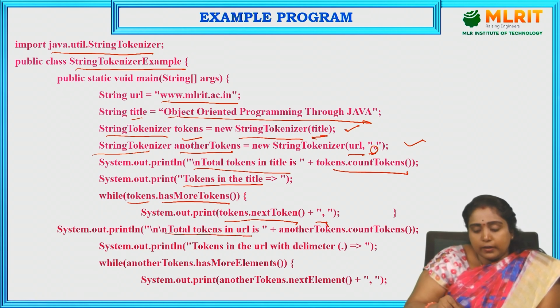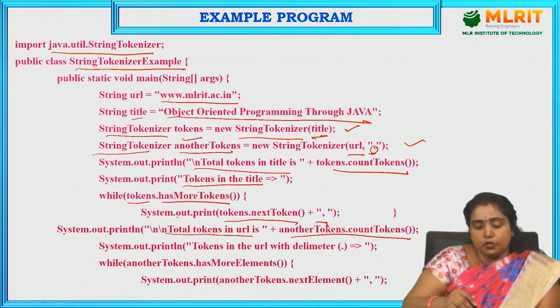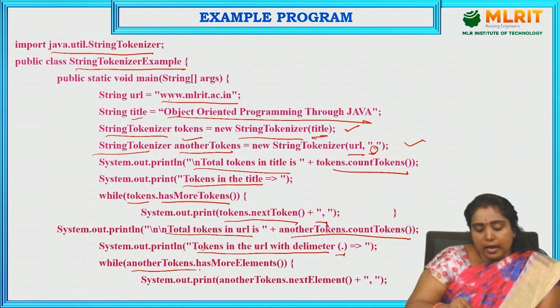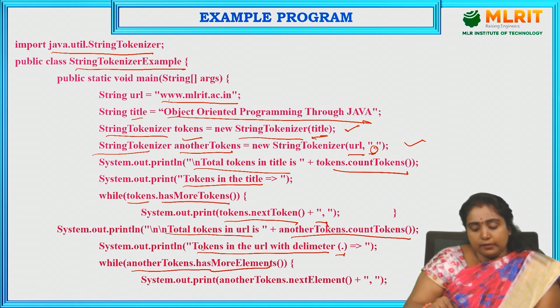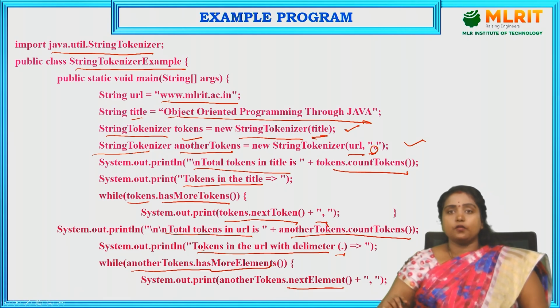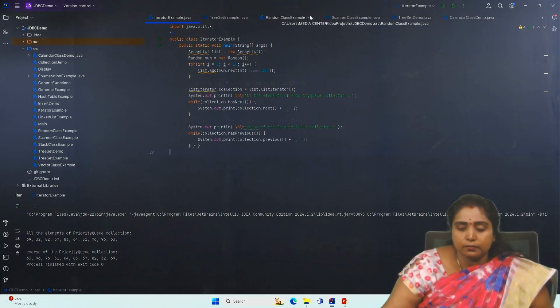Next, total tokens in the URL you count in the same way as for the title. Here also, tokens in the URL with delimiter dot, while it has more tokens, you print the next element. Let us execute this program.